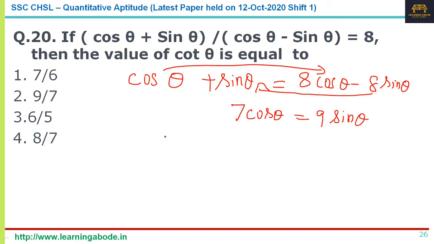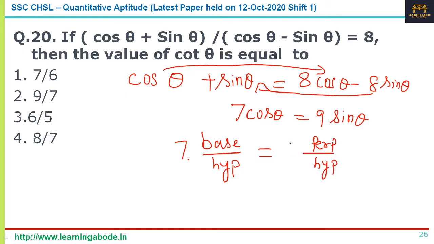Now what is cos theta? Cos theta is base by hypotenuse, right? So 7 times base by hypotenuse is equal to, what is sin theta? It is perpendicular by hypotenuse. So 7 times base by hypotenuse equal to 9 times perpendicular by hypotenuse.